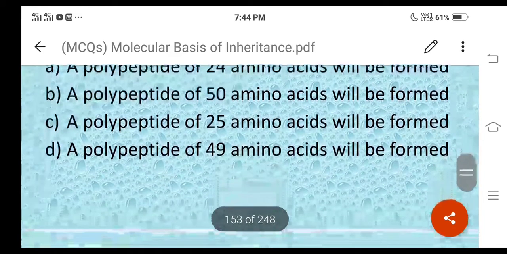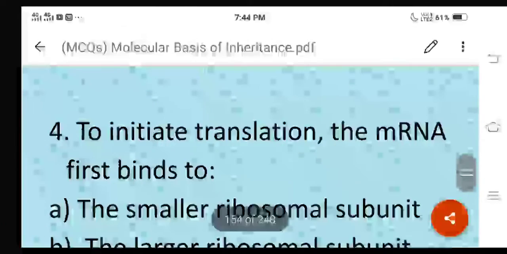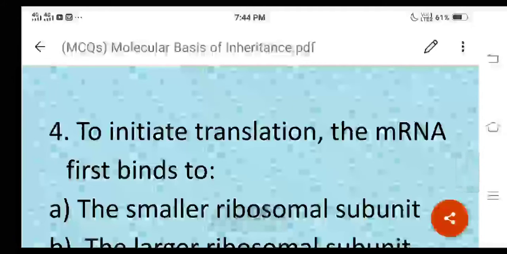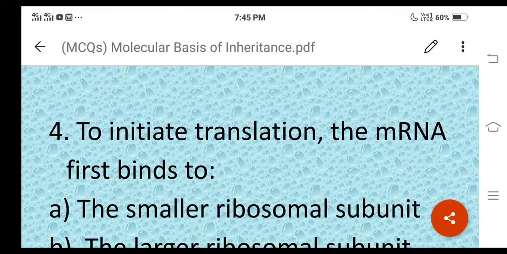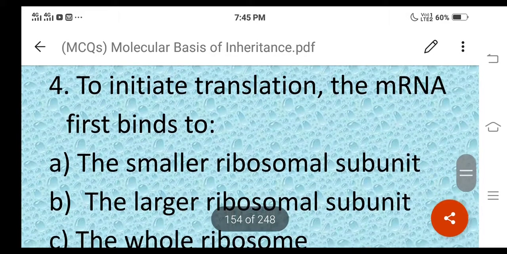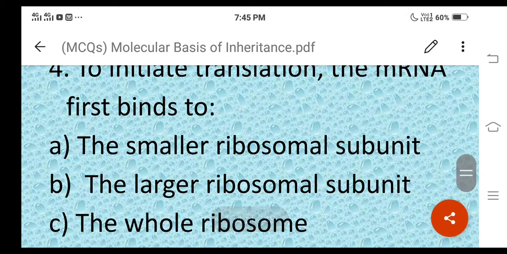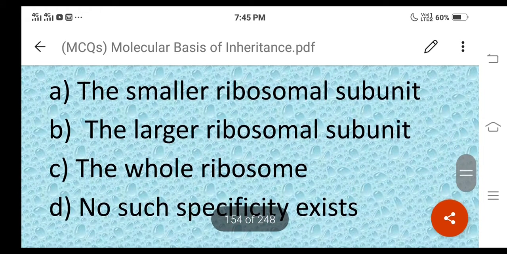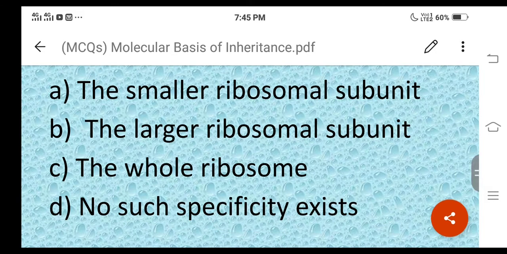Then let us move on to question number 4. To initiate a translation, the mRNA first binds to what? The options: option A, the smaller ribosomal unit; second, the larger ribosomal unit; third, the whole ribosome; and fourth, no such specificity exists.